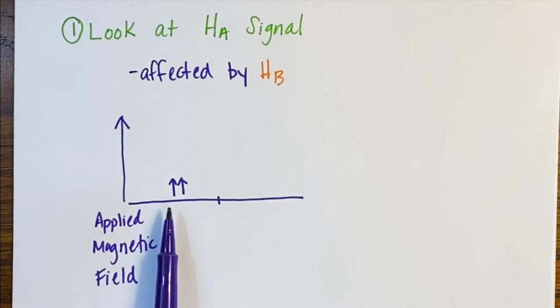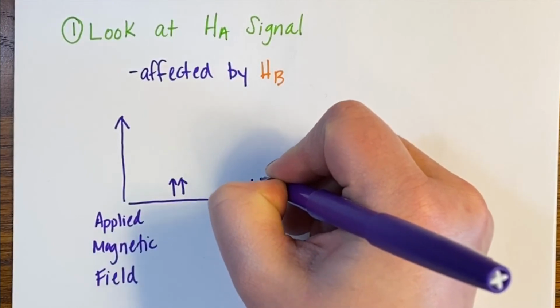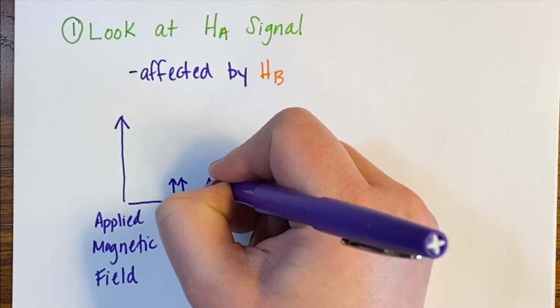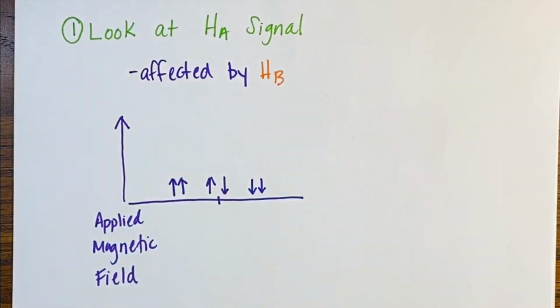Now, along the same lines, our protons HB can also work together, but in opposition to that applied magnetic field, which is going to lower the signal that we would see. Or they can work in opposition to one another, where we have one enhancing the magnetic field, one detracting from the magnetic field, which effectively cancels. But we can have two combinations where we could get this impact.